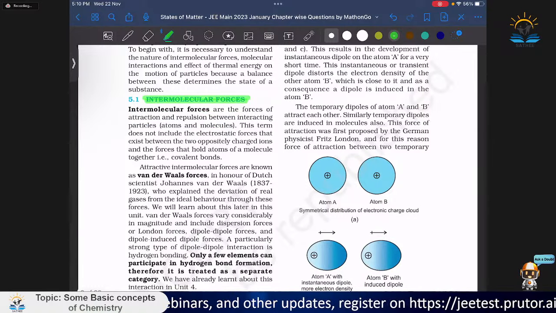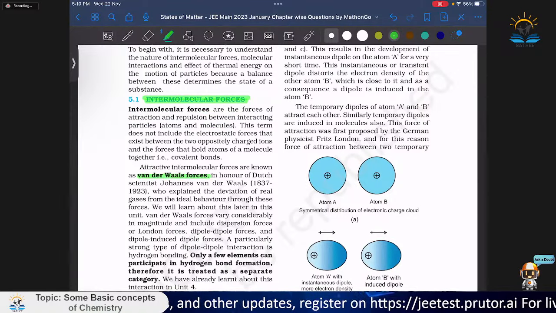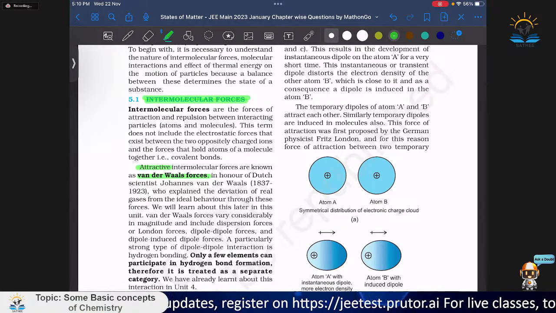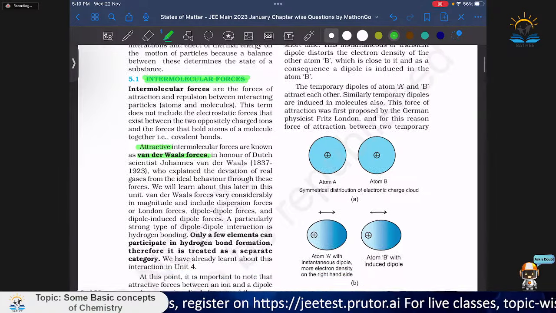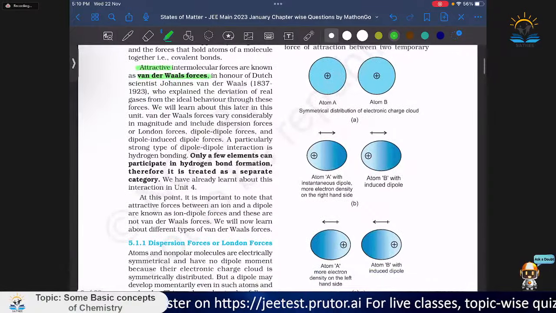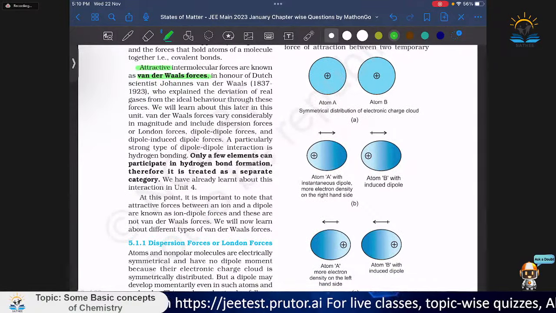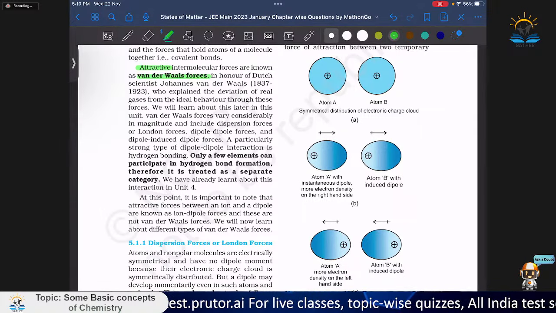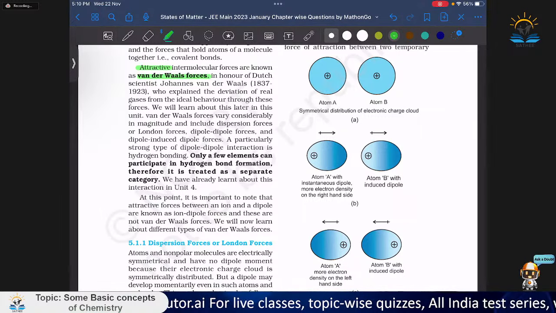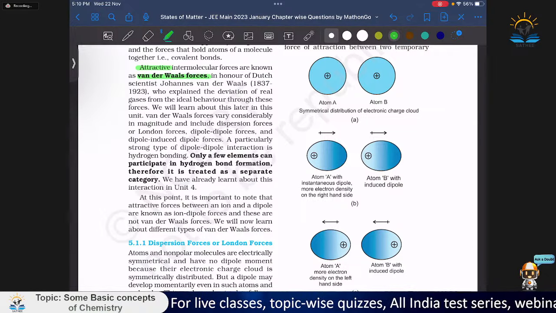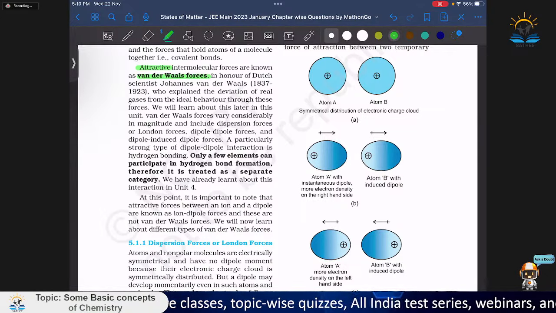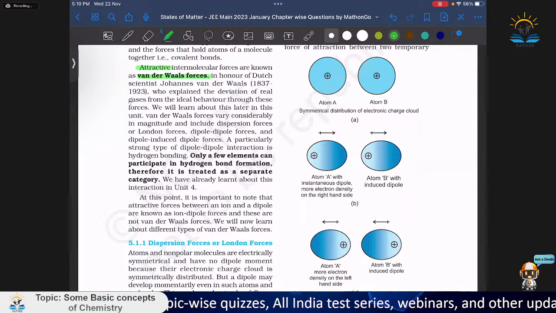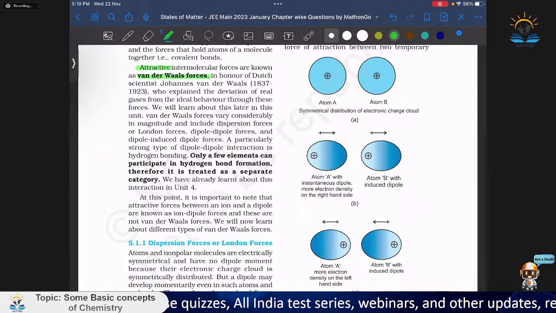First we know van der Waals forces. These are always attractive. They cannot be repulsive. And there are three types of van der Waals forces. Before that, only a few elements can participate in hydrogen bond formation, so it is treated as a separate category, although it is a part of van der Waals forces. But not all particles can exhibit hydrogen bonding, so we learn it separately.